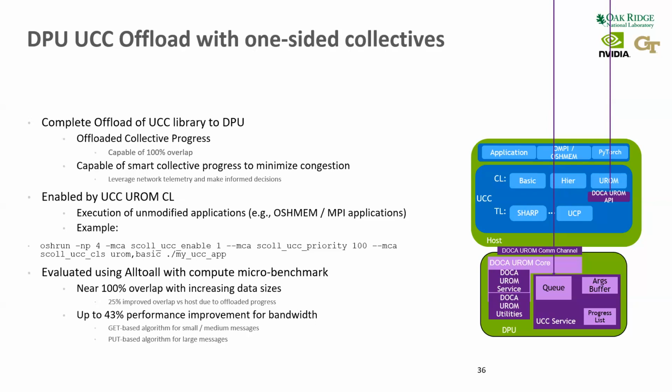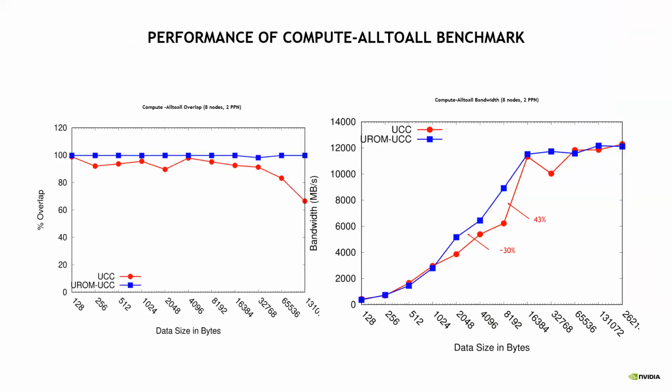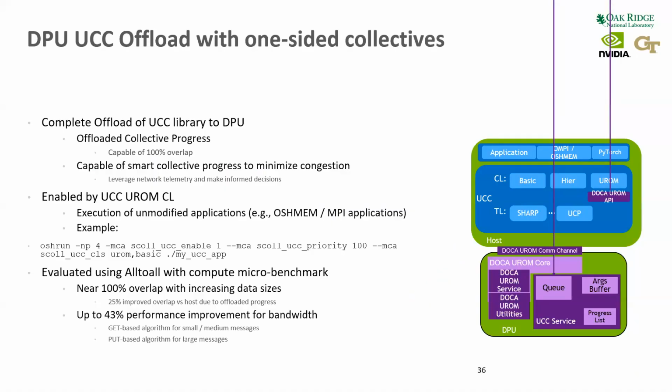We're going to show a slide provided by Manju and his team in the next slide. But I just want to mention, going back to the previous slide, that enabling the DPU can also be done at the command line with OpenSHMEM run, or oshrun, where we enable UCC on the command line, specify the MCA for the collectives, and use the UROM runtime, and then the application executable.